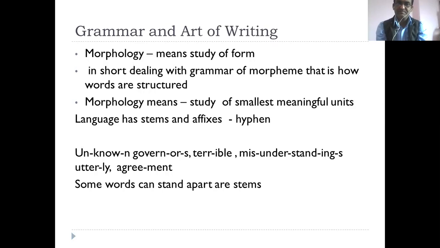Some words that can stand apart are called stems. The words that can stand independently are called stems. Un is meaningless if used in isolation. If we keep it separate, un has no meaning. But if the word know is separated, know has a meaning.